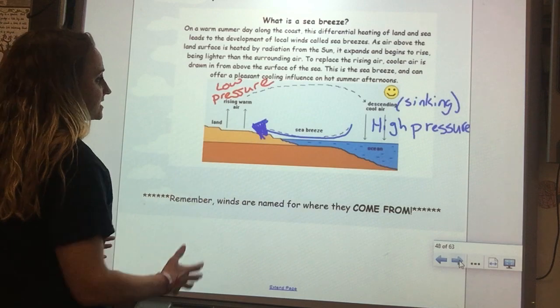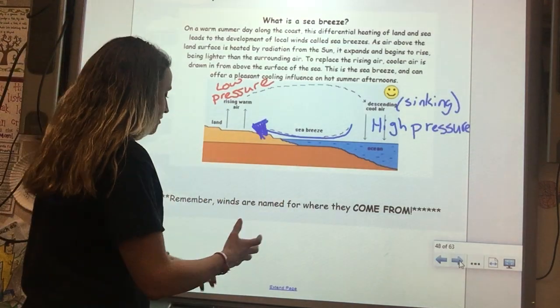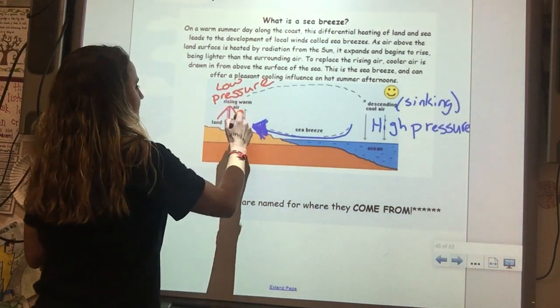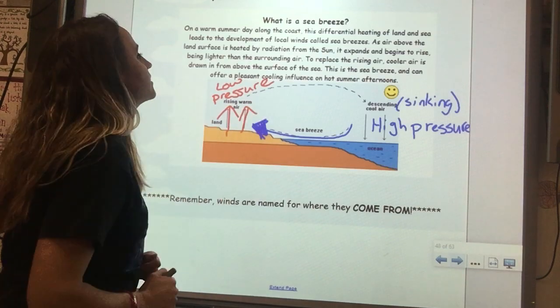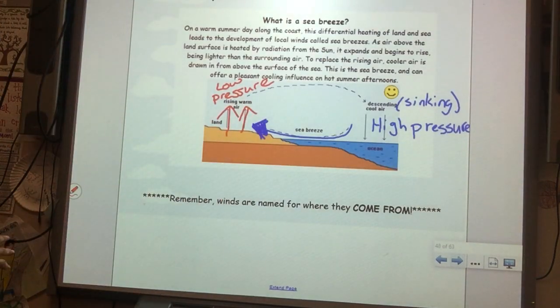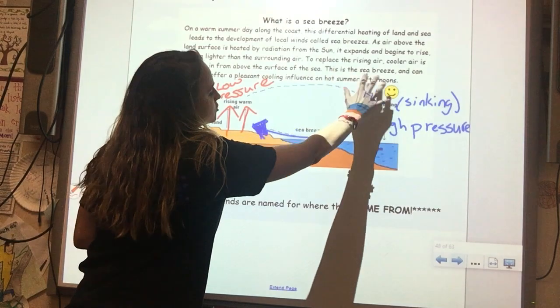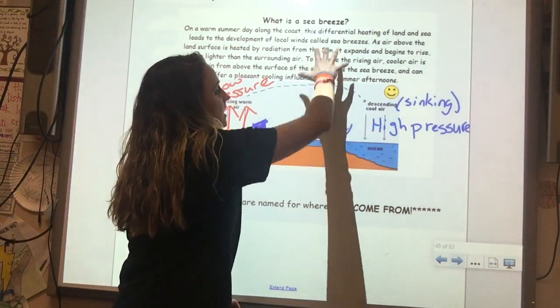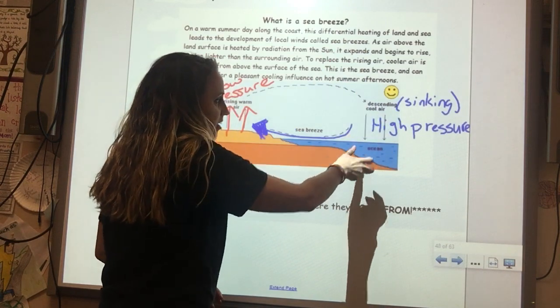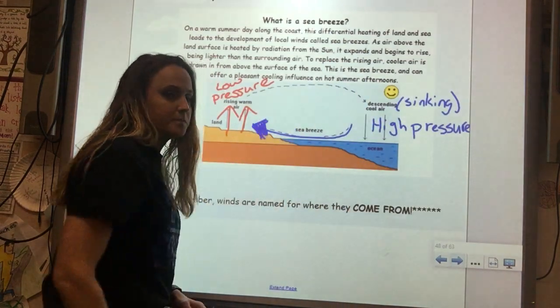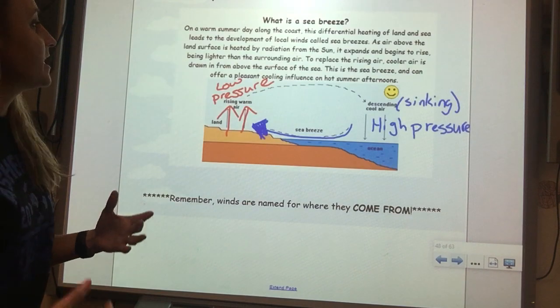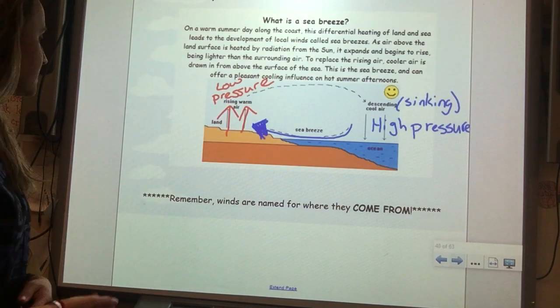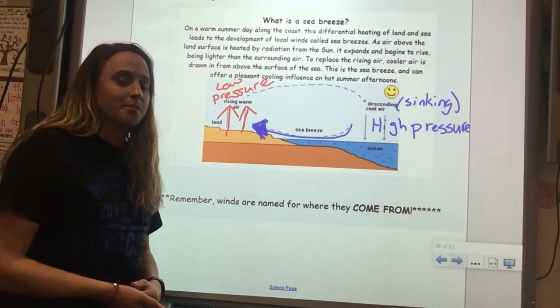So when it rises, it creates that area of low pressure right here, rising warm air, okay? To replace it, the cooler air is drawn in from the surface of the sea, which creates sinking cooler air and higher pressure. It offers a pleasant cooling influence on a hot summer afternoon, okay?